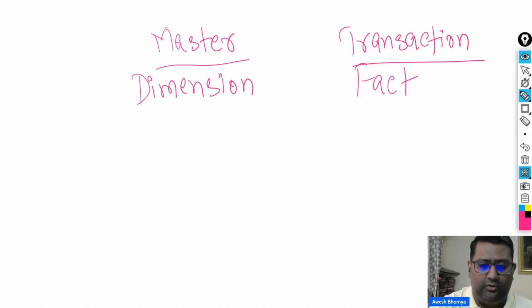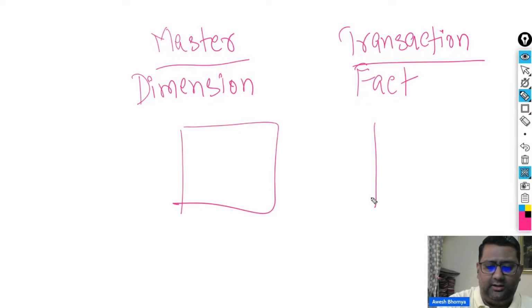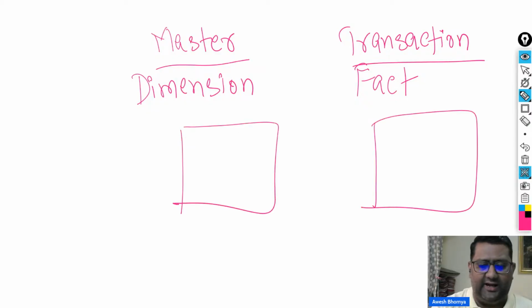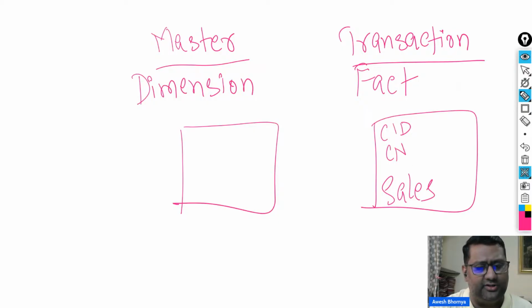Now what is the use of having the master table and the dimension table? So basically, when we have to create a report, let's say I've got sales data maintained here. Just an example. I have a column for sales, and I have, let's say, customer ID, the customer name, and how much the person has purchased.